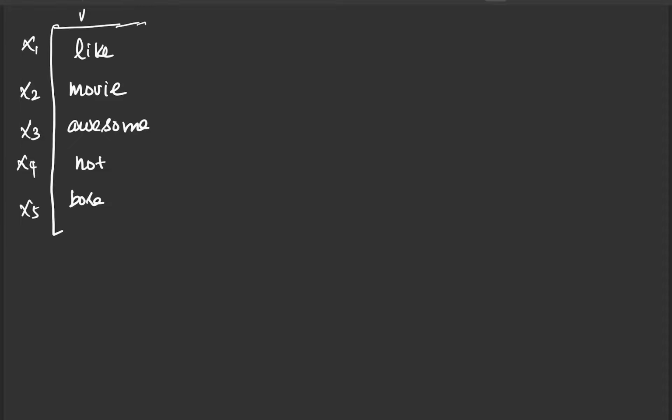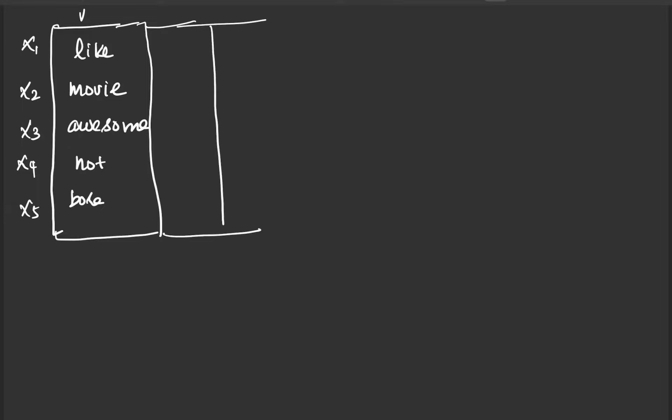In our formula, do you remember what we need to calculate? The class prior probabilities, and then we need to calculate the conditional probabilities. So next we will do the frequency count. How many times did like appear in the positive sentence and negative sentence? This is our positive sentence, this is our negative sentence.